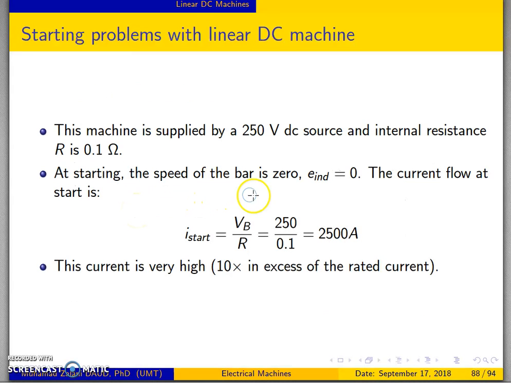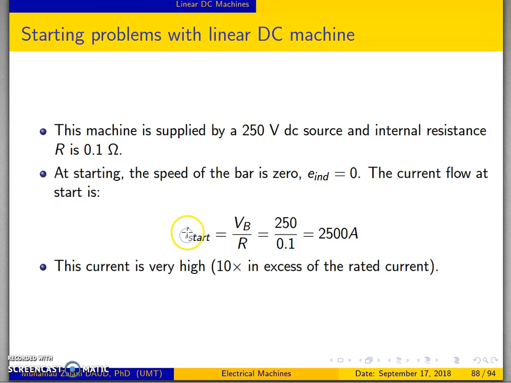At starting, the speed of the bar is 0, which means the induced voltage is 0. E_in equals vLB, so E_in is 0 because the speed is 0. The current flowing at start is I_start.